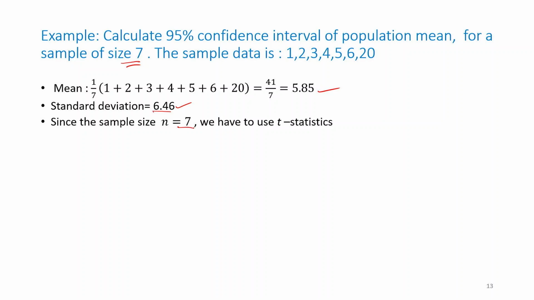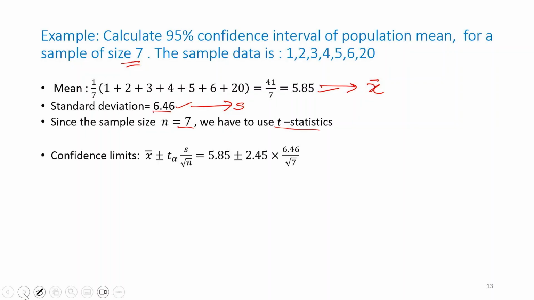Sample size is only 7. So we have to use t statistics. So this is x bar, this is your S. n is much less than 30, so we have to go for t statistics.